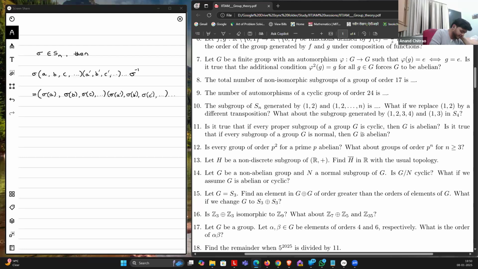So now, can somebody tell me what this is? (1 2)(1 2 ... n)(1 2 ... n) inverse. What is this? By using this formula, you have to take this to be sigma, this is sigma inverse. Then you have to write down sigma of 1, sigma of 2, just blindly applying this equality.